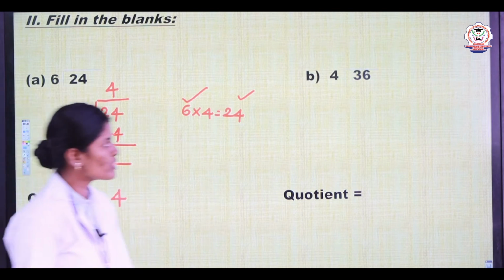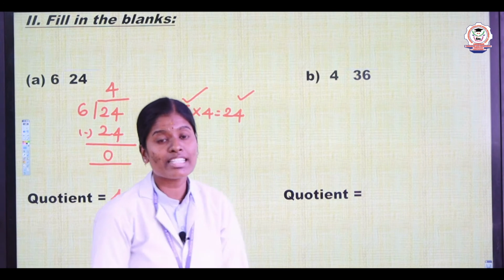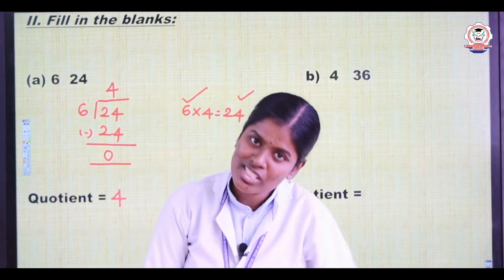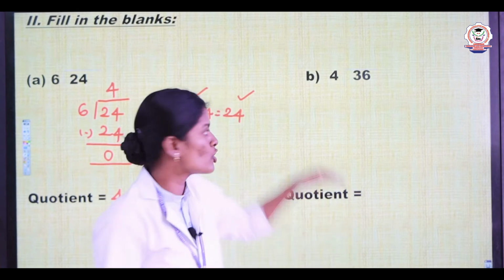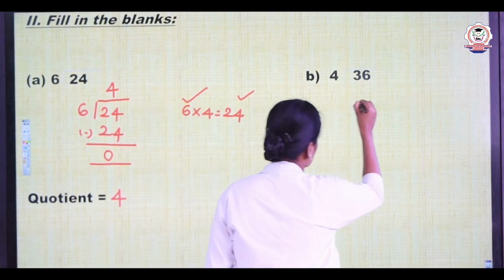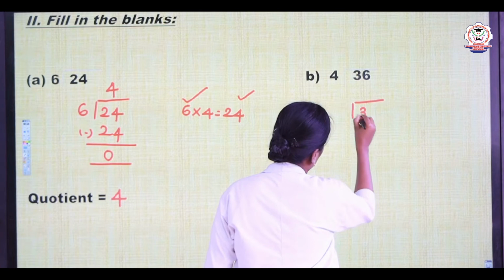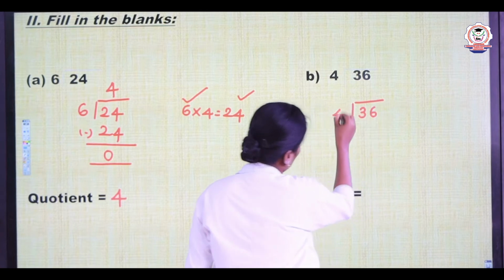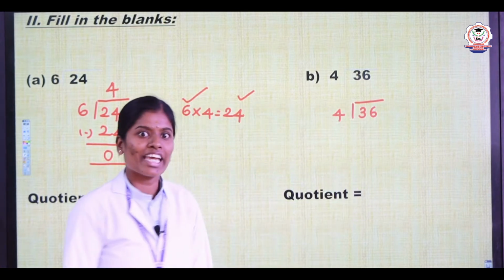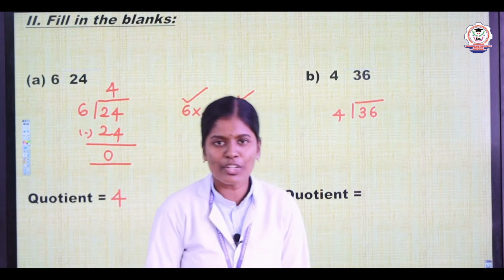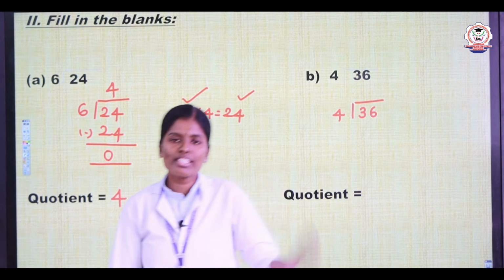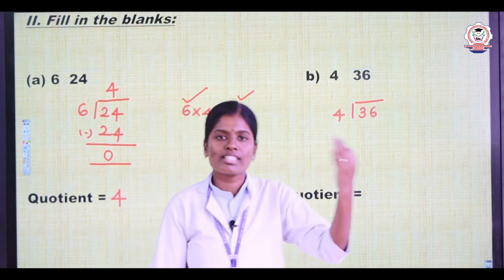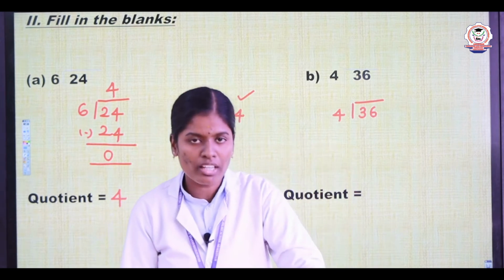Next, we have the question 4 and 36. Here, the dividend value is 36. Then the divisor value is 4. So, take 36 divided by 4. 4 table of 36? Yes, very good. 4 zeros are 0, 4 1s are 4, 4 2s are 8, 4 3s are 12, 4 4s are 16, 4 5s are 20.